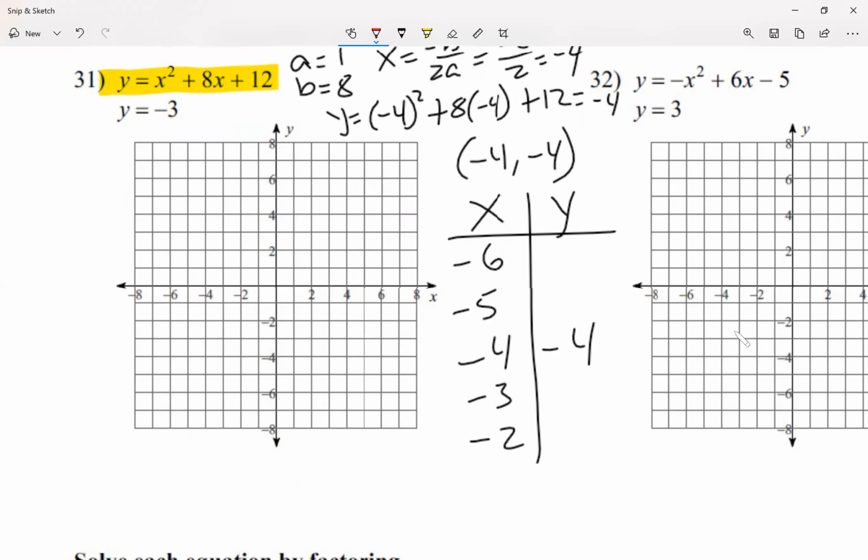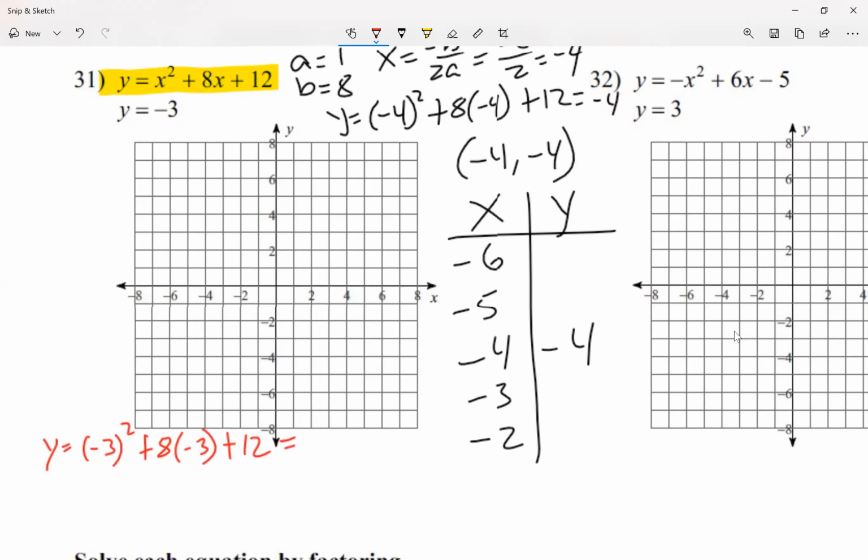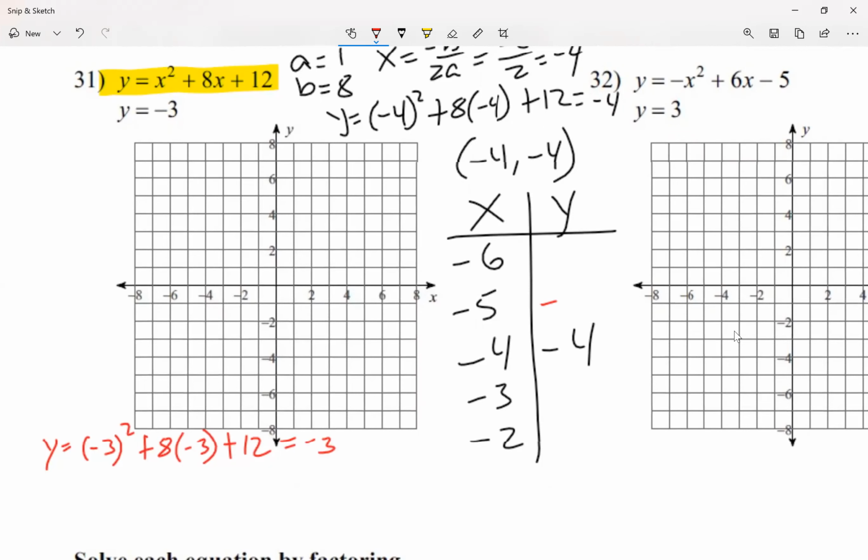I'm going to use -3. So y is equal to -3 squared plus 8 times -3 plus 12. So I'm looking at this as 9 minus 24 plus 12, which is -3. So my y value here is -3.